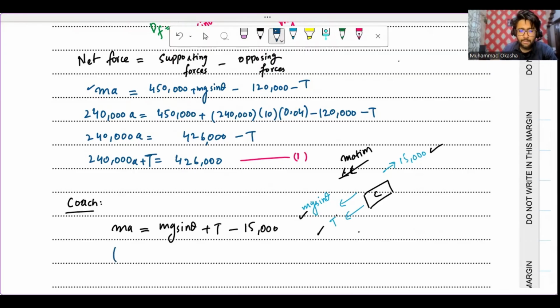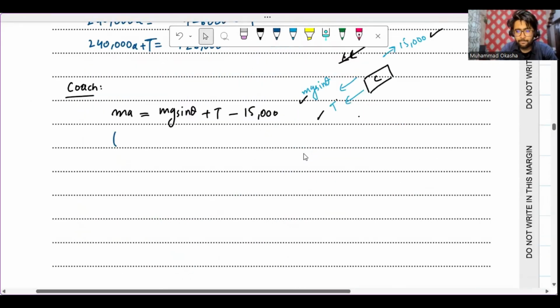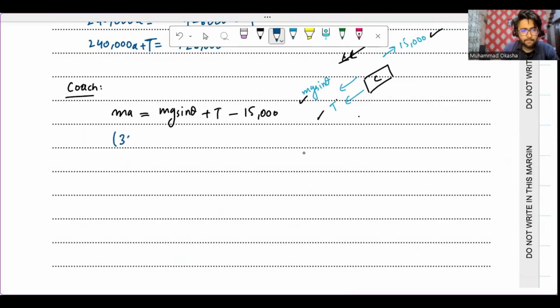Let's put in the numbers. What's the mass of the coach? The mass of the coach is 36,000. So I'm going to put 36,000.